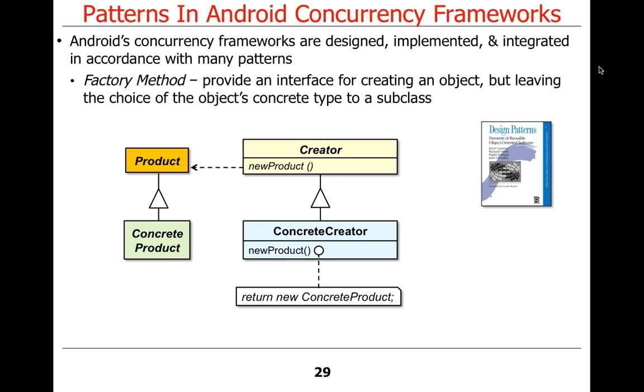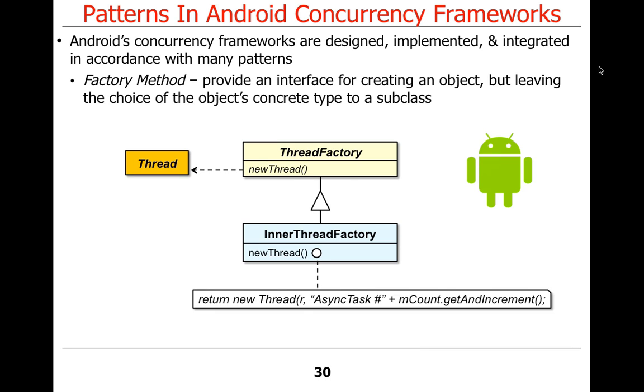And then finally, factory method. You hopefully remember factory method. You defer to subclasses what kind of object is created. And we already saw an example of this earlier called the thread factory. The thread factory is used to create a new thread without having to change any of the executor framework code. You can provide a new thread factory that will provide the implementation. And that's used in the AsyncTask framework as an example.